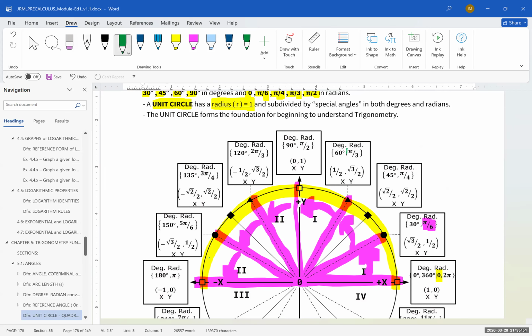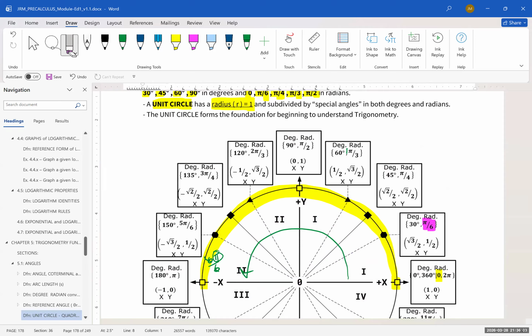So it takes 6 pi over 6s to get half of a rotation around. The 6's cancel and leave you with just pi. So that's where the denominator for each of these radian measures comes from. It's how many times you're having to subdivide pi by.